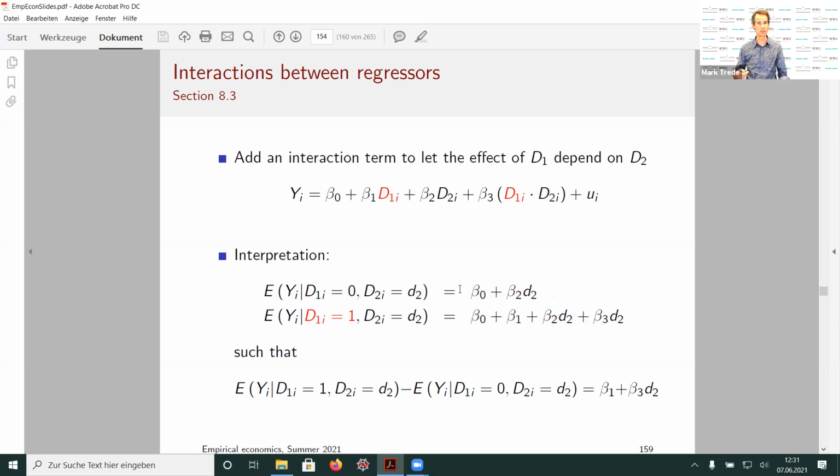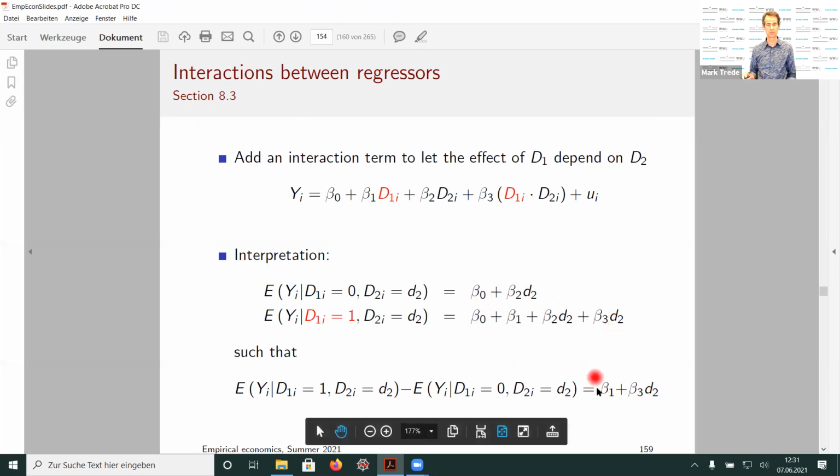And of course, the change is just the difference between these two terms. So we take the second one and we subtract the first one. And if we do that, beta naught drops out and beta 2 d2 also drops out. But these two terms, beta 1 plus beta 3 d2, they stay.